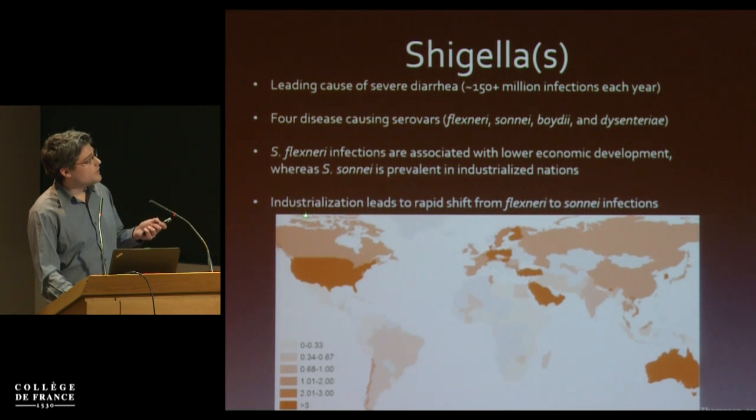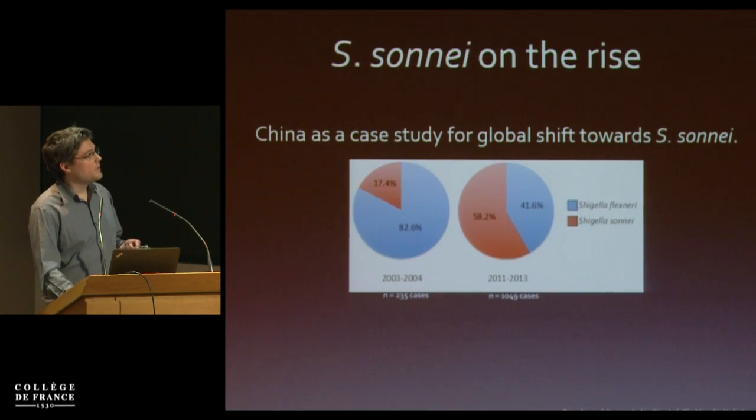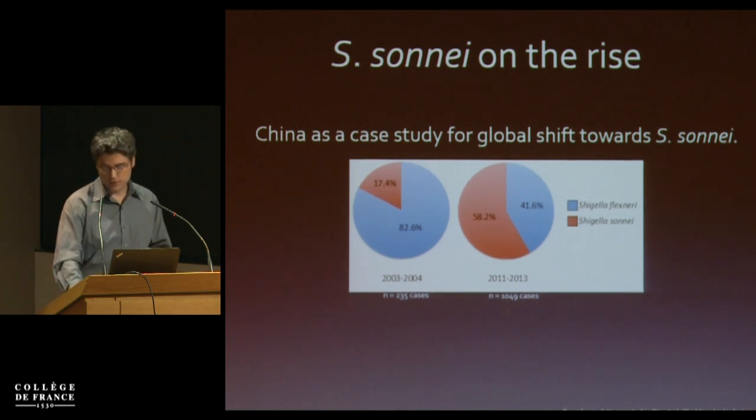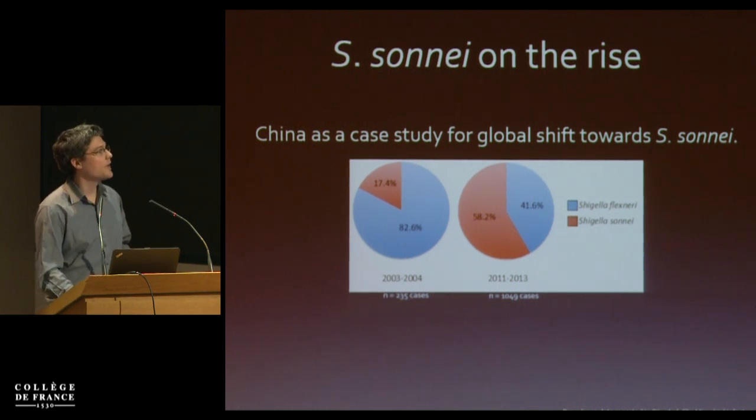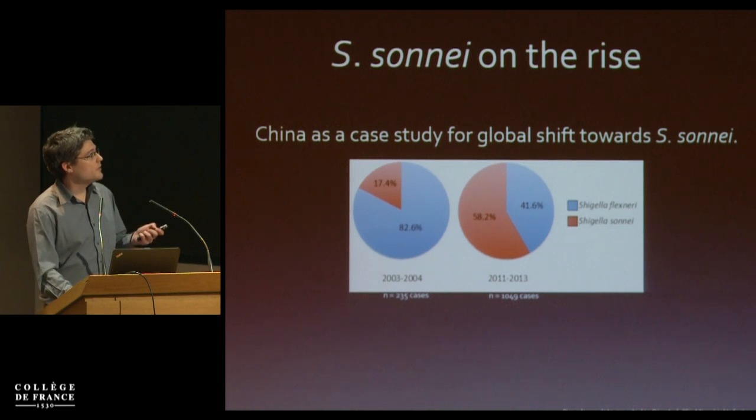Interestingly also, industrialization itself leads to a rapid shift from Shigella flexneri to Shigella Sonnei. This can perhaps be best illustrated in China, which has in the past several decades undergone very rapid economic development. Even as recent as 2003, over 82% of the isolated Shigella strains were flexneri, and only 17% were Shigella Sonnei.